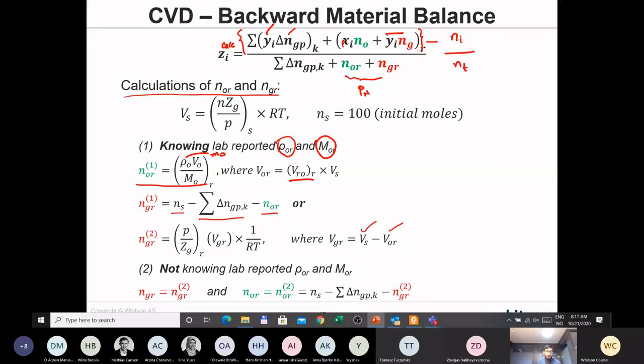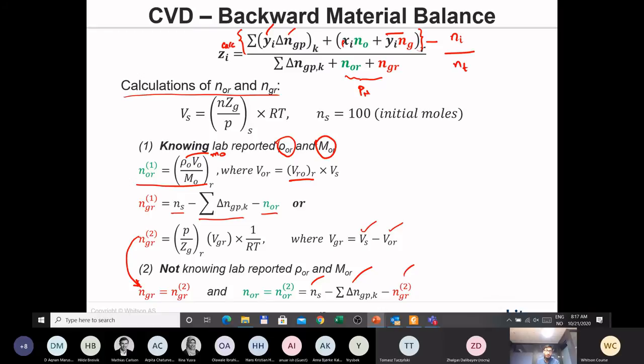And the other way is that if the lab hasn't reported the residual oil density and the molecular weight, then this NGR, the moles of gas at the residual condition, is the same as this number here. And the moles of the residual oil we can calculate by knowing the total moles in the PVT cell initially, the moles of gas removed, and the moles of gas at the residual conditions.